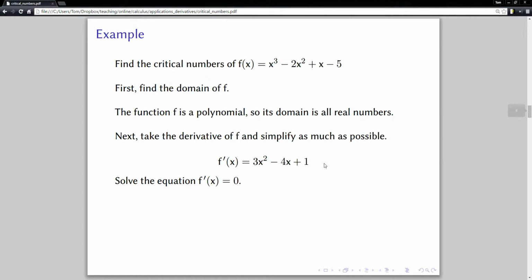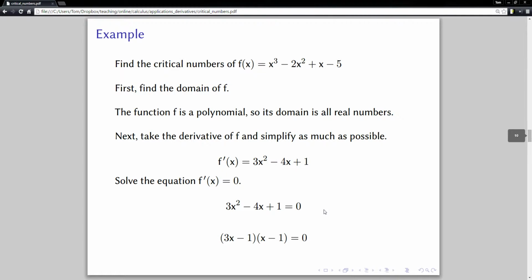Next up, we want to solve the equation f prime of x is equal to 0. Critical numbers come in two types. The type at which the derivative is equal to 0 is what this part is designed to get at. So we want to solve that equation, and that will tell us where possibly the critical numbers that make the derivative 0 are located. Here's the derivative. We set it equal to 0 and solve.